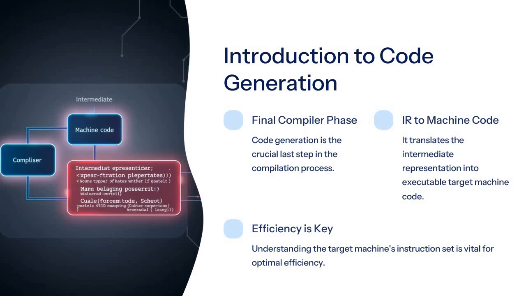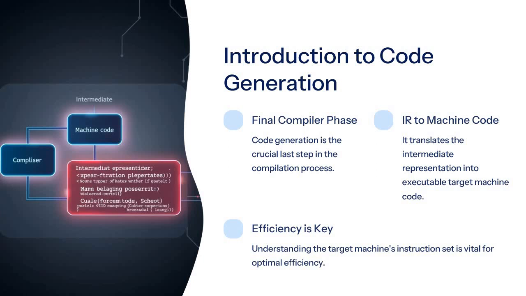We begin with the final phase of the compiler, that is code generation. At this stage, the intermediate representation, often abbreviated as IR, is translated into actual machine code that a processor can execute. And the goal of the target language in compiler design is to produce efficient, correct code.